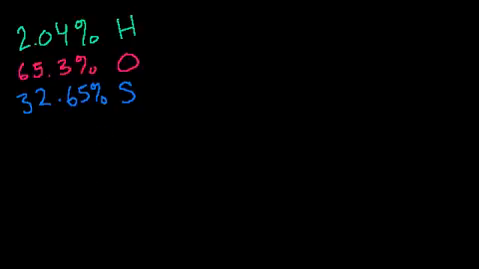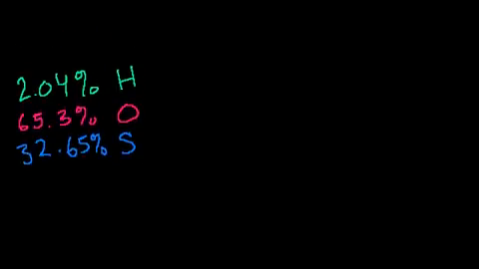So what we do, like we do in all of these problems, let's just assume we've got 100 grams of the stuff. If I have 100 grams total, 2.04% of that is hydrogen.